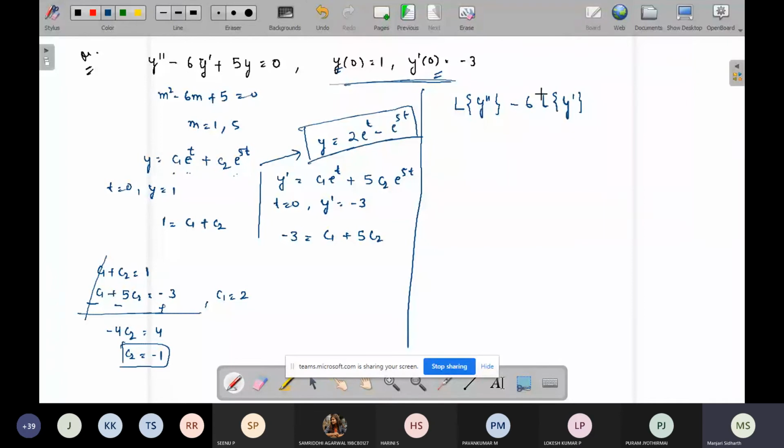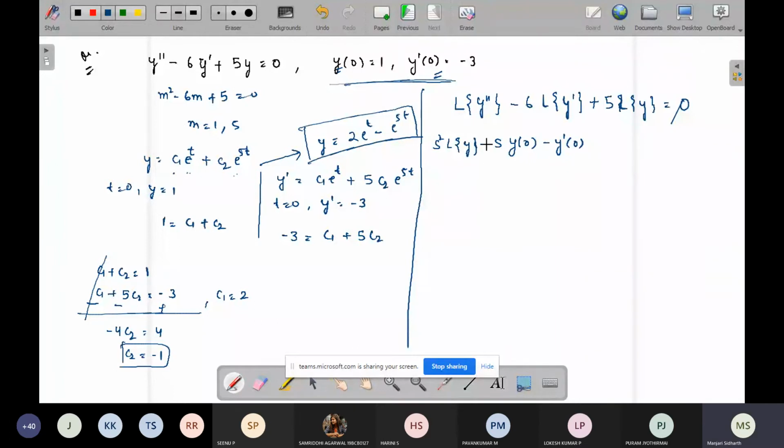Because Laplace transform is a linear operator, constants we can take outside. Now y double derivative, if you remember: Laplace transformation is s square times Laplace transformation of y, minus s times y at 0, minus y dash 0.